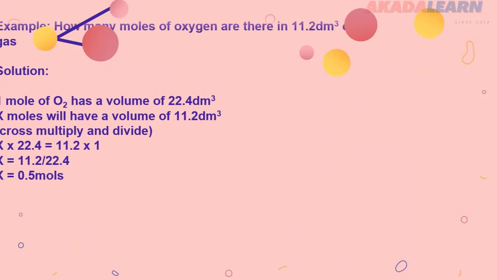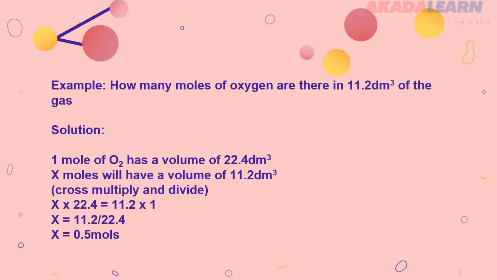Let's now illustrate this with an example. How many moles of oxygen are there in 11.2 dm cubed of the gas? Solution. 1 mole of oxygen has a volume of 22.4 dm cubed. X moles will have a volume of 11.2 dm cubed.